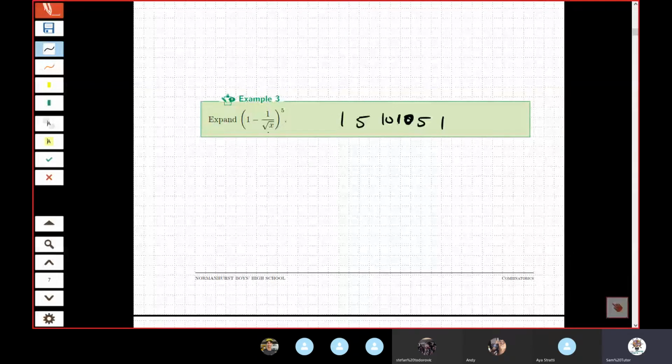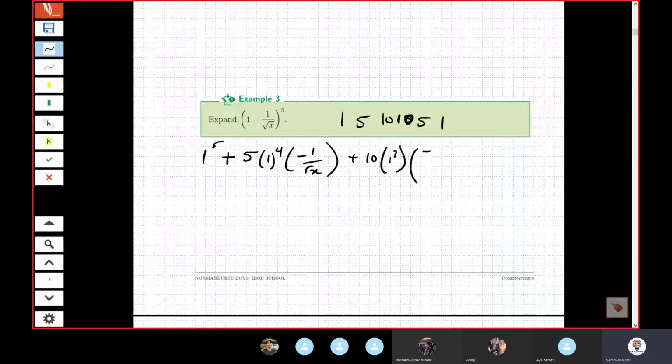All right, so this is what I personally do. I go 1 to the power of 5, obviously is whatever, I'll just write it for now. 1 to the power of 5. Always pluses for me. Then 5, 1 to the power of 4. Obviously, I don't write that, but we'll just leave it for today. Plus 10, 1 cubed, negative root x squared.